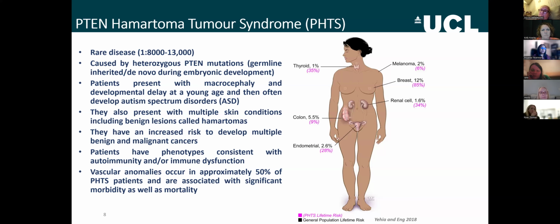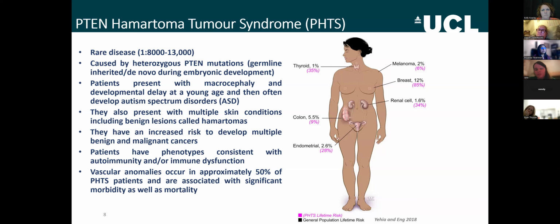You might be told that you have an autoimmune condition like Hashimoto's thyroiditis, and there are a few other terms used to describe autoimmunity, which means your immune system is attacking your own cells, and that is causing some of the symptoms. For example, rheumatoid arthritis is a form of an autoimmune condition. There are certain specific ones which are associated with PTEN.